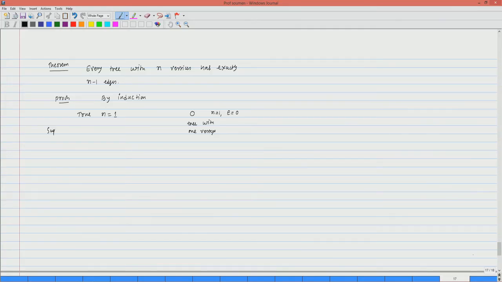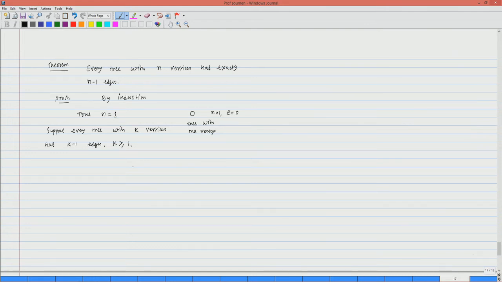And then this is the induction hypothesis. Suppose every tree with k vertices has k minus 1 edges for k greater than or equal to 1.